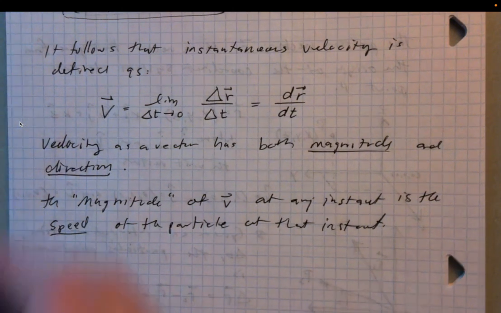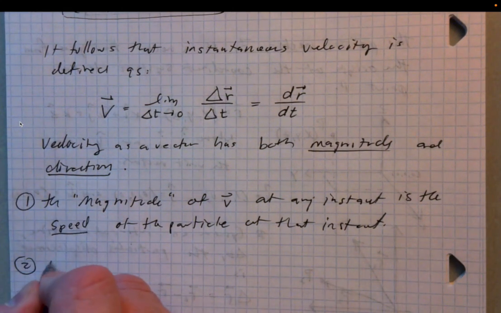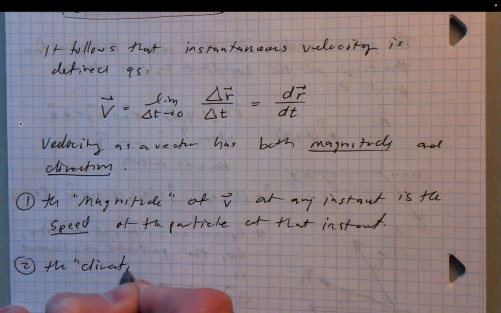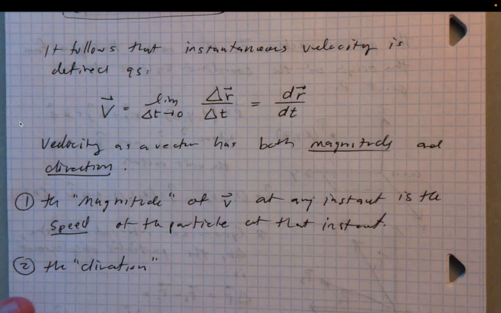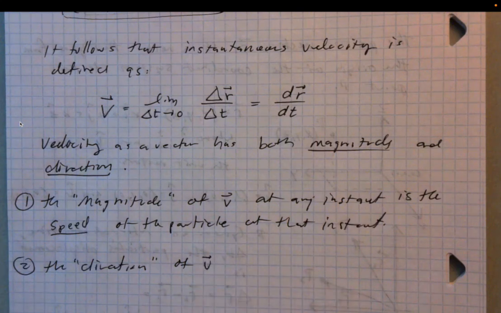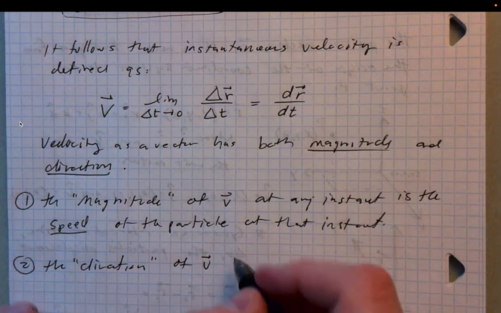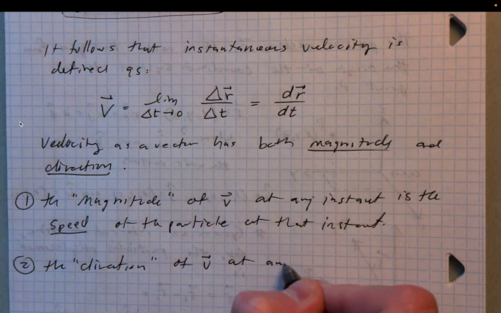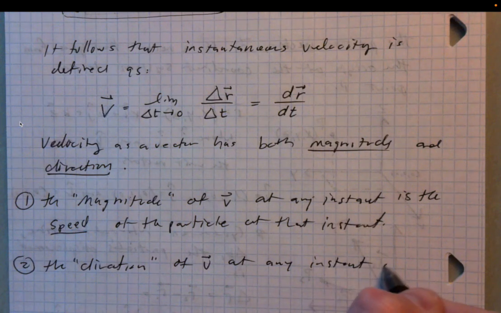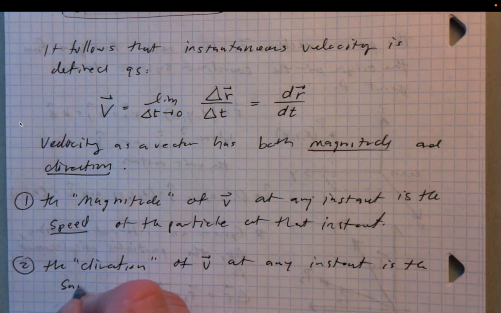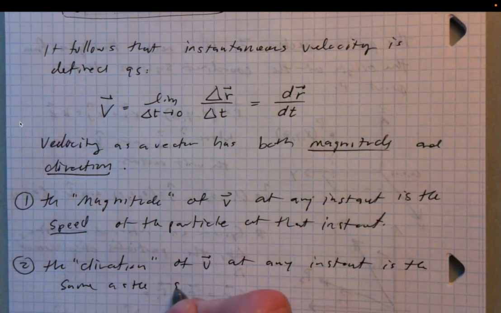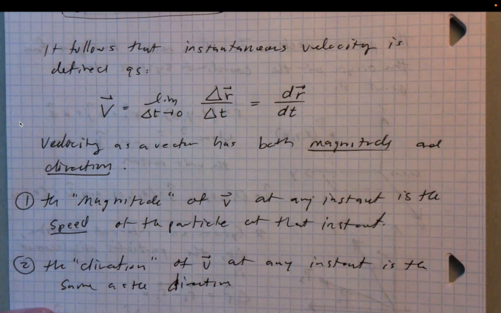Then contrast that with the direction. The direction of the velocity vector v at any instant is the same as the direction in which the particle is moving at that instant.